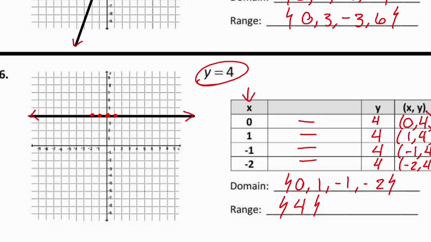Now this is a horizontal line with a 0 slope that passes through the y-axis. So this is what we call a HOI. And we're going to get to that next lesson. But this is what we call a HOI line. It is a horizontal line with a 0 slope going through the y-axis.